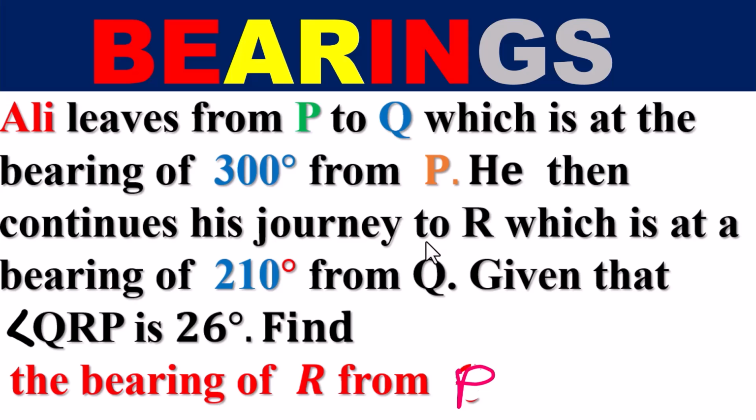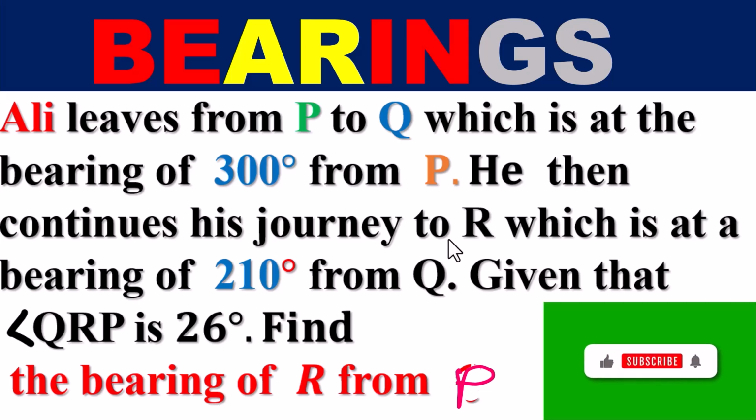So we have this question, and it has gone viral with a lot of comments, so I have decided to solve it. Ali travels from P to Q, which is at a bearing of 300 degrees from P. He then continues his journey to R, which is at a bearing of 210 degrees from Q, given that angle QRP is 26 degrees. Find the bearing of R from P.